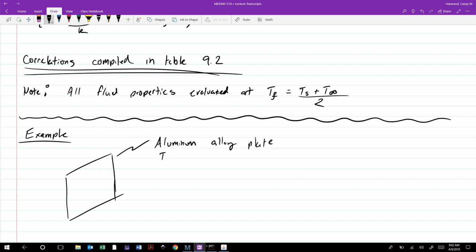It's at a surface temperature of 227 degrees Celsius or 500 Kelvin. At those temperatures, it has a density of 2770 kilograms per meter cubed and a specific heat capacity of 983 joules per kilogram Kelvin.